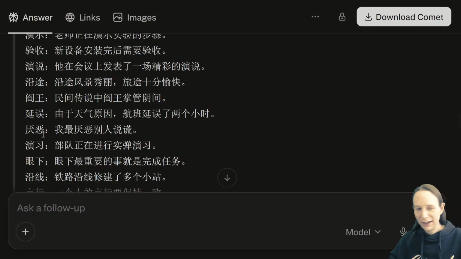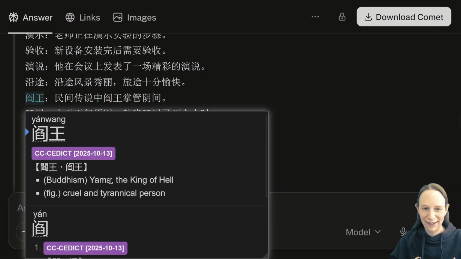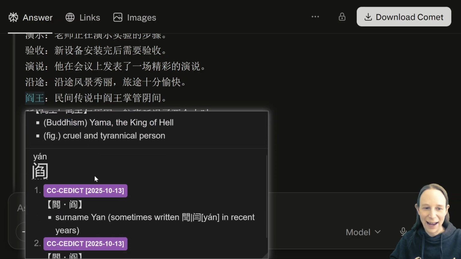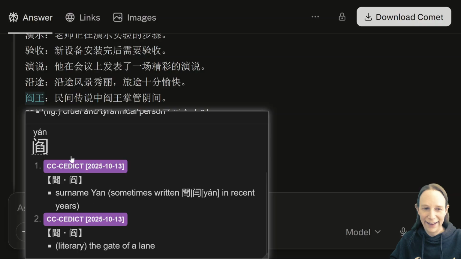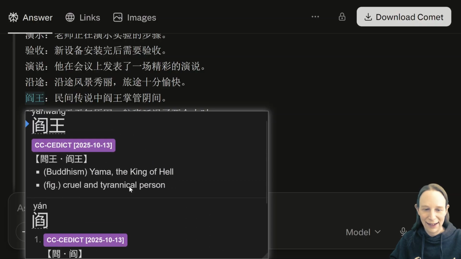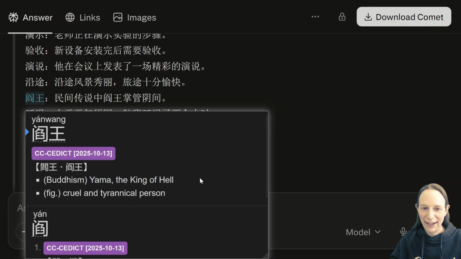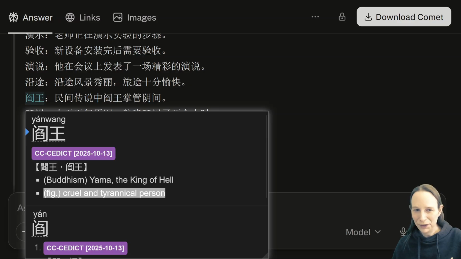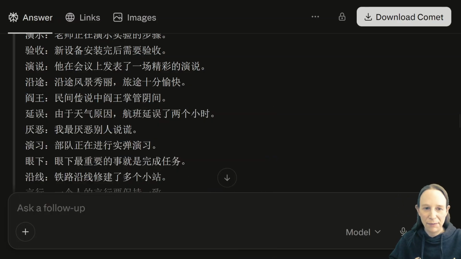阎王. So 阎 is a surname. So this is King Yan. Okay, Yama. Yeah, it is a surname. Yama, the king of hell in Buddhism, or figuratively a cruel or tyrannical person. 民间传说中，阎王掌管阴间.